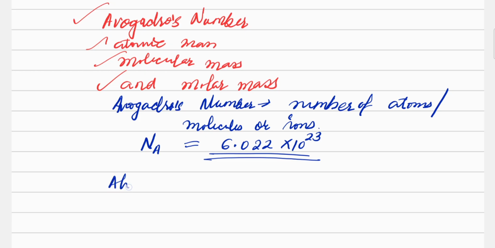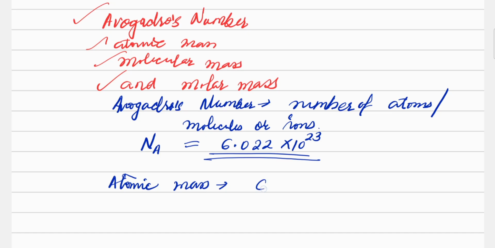Next one is atomic mass. Atomic mass is not defined simply. It has to be defined in relation with a standard substance. Earlier it was hydrogen, then oxygen was taken as the standard substance.